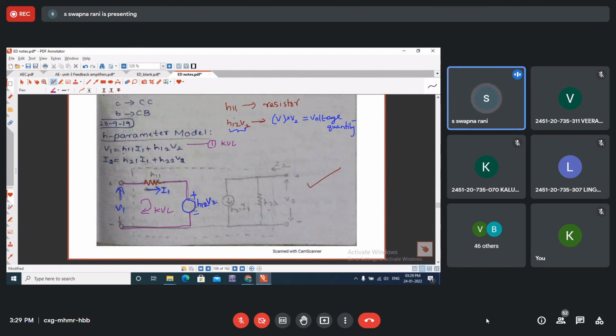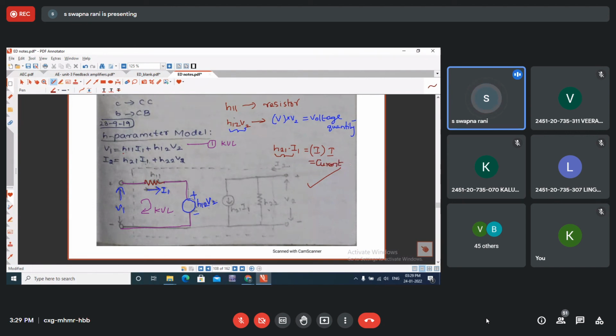And coming to the second equation, the output current. Now see here, this term H21 I1. H21 is the forward current gain, right, into current. So this is a current quantity.